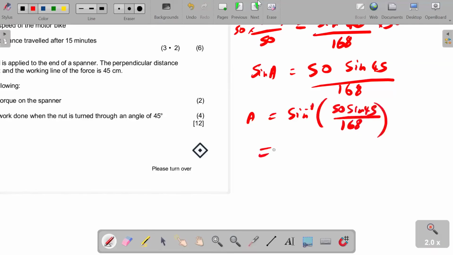Arc sine of that value gives 12.1198, so to 2 decimal places that's 12.12 degrees.